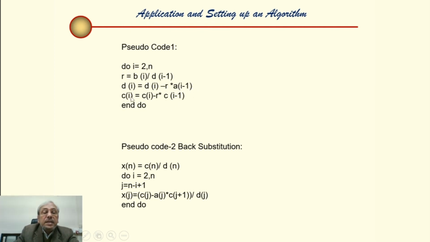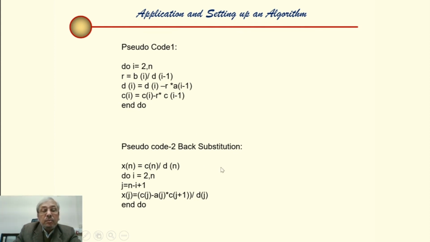C1 is known and doesn't change, but from C2 we write ci equal to ci minus r into ci minus 1. So D1 and C1 don't change, but D2 to Dn and C2 to Cn change this way, and the do loop ends.